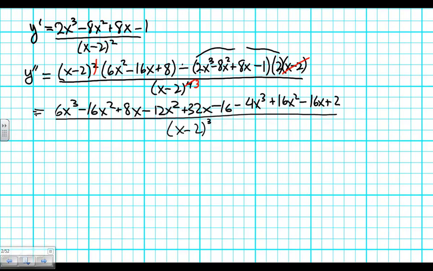So let's collect our common terms. First in red, the cube terms, 2x cubed. Next in green, the squared terms. Let me get that right.